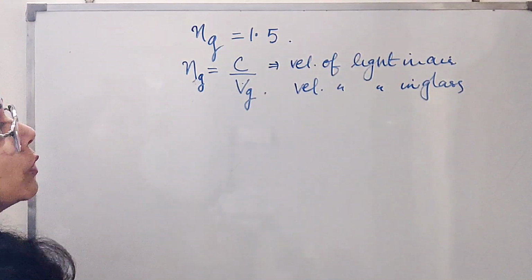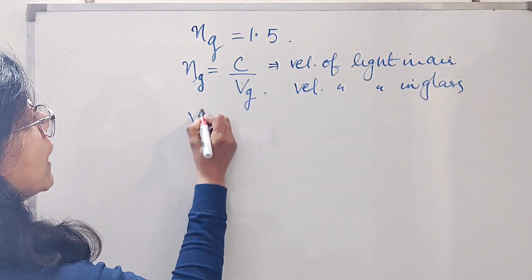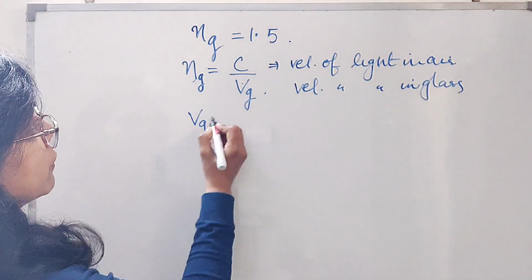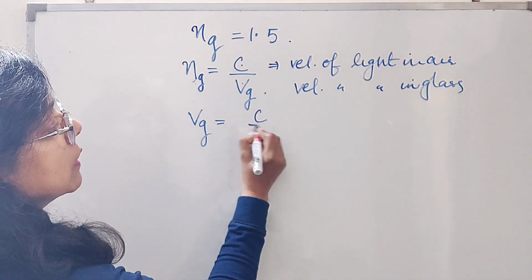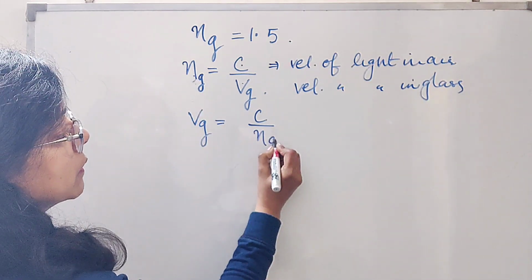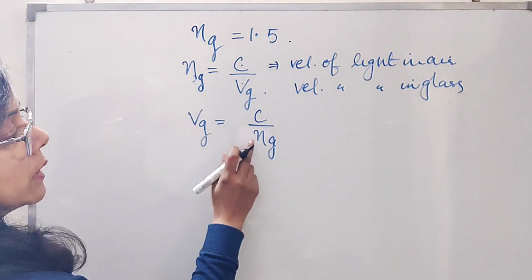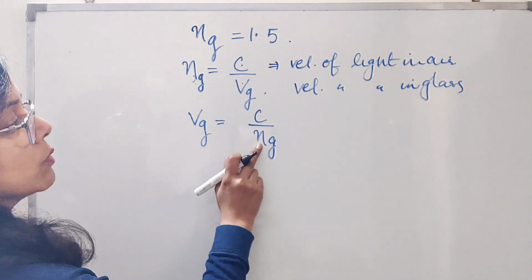Now they are asking what will happen to Vg if light moves from air to glass. So this is C and this n will come here. If we interchange their positions, then the refractive index will come here.